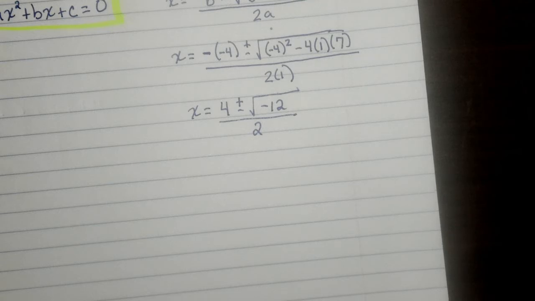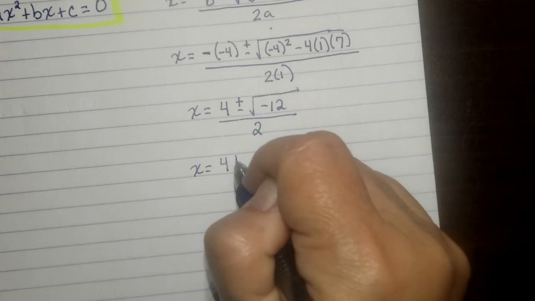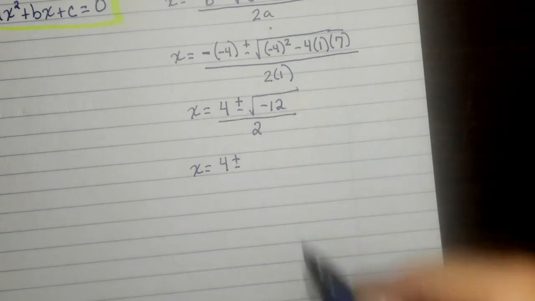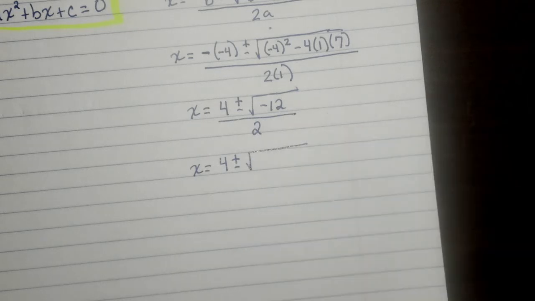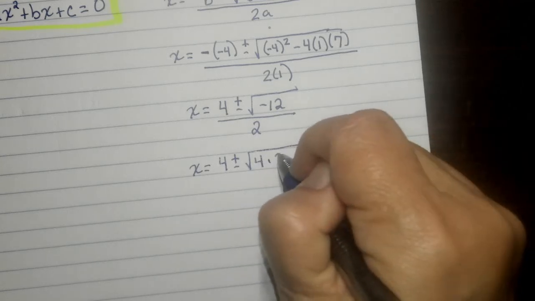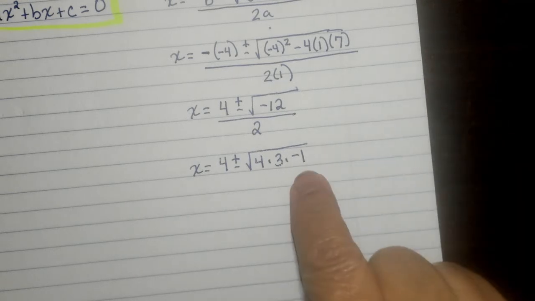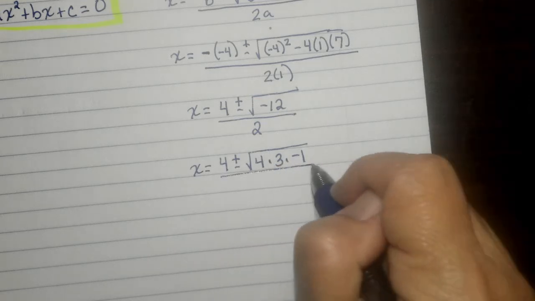Alright, so now we have to simplify. So I'm going to write this as 4 plus or minus. Now I'm going to simplify my square root of negative 12. There's a perfect factor of negative 12, which is 4 times 3 times negative 1. I'm going to put the negative 1 at the back on purpose, and then over 2.